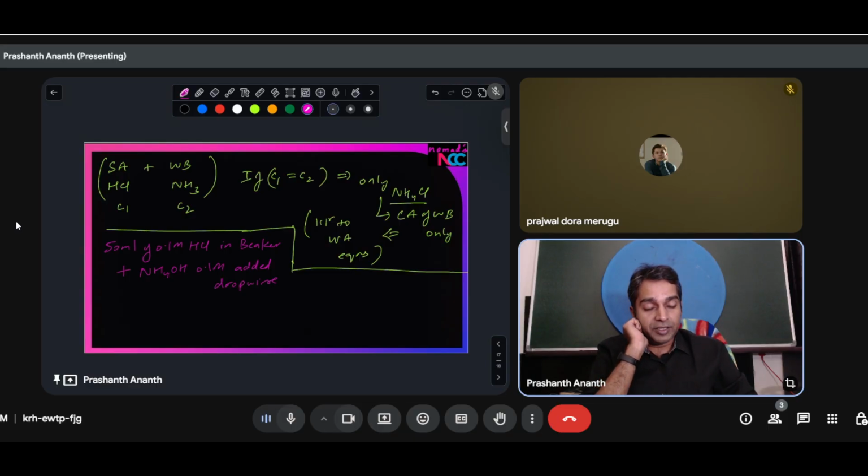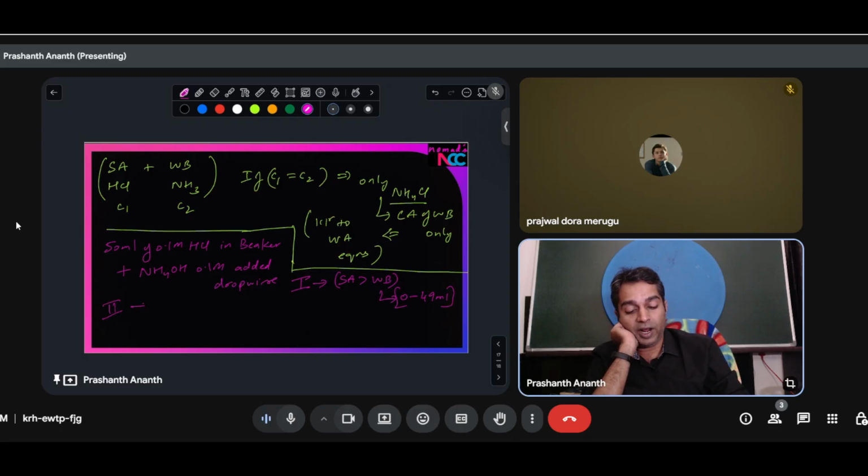In that particular case, what is the idea here? Let's make them into cases. Case 1 is when I have strong acid greater than weak base. This is of course from 0 to 49 ml, both included. The second case is strong acid equal to weak base.